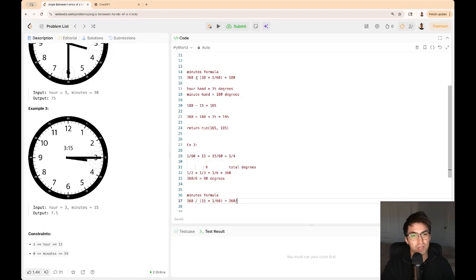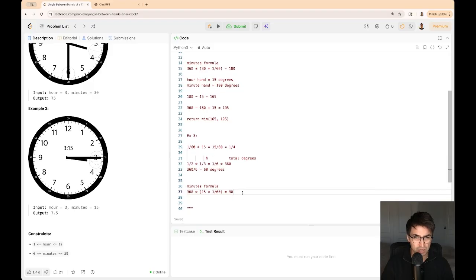I wrote this wrong actually. It's not divided by, it's times. Because 30 times 1, 30. 30 divided by 60, 1/2. 1/2 times 360 is 180. So it's times. So that'd be 1/4 times 360, which is 90 degrees. So we got 60 degrees and 90 degrees.